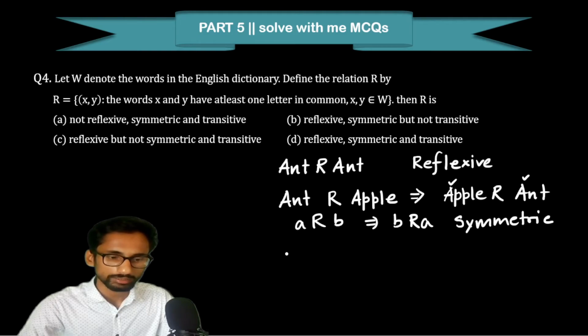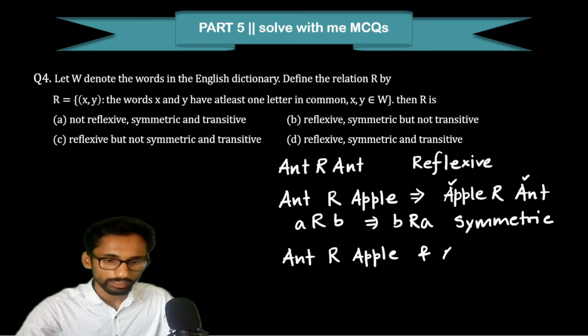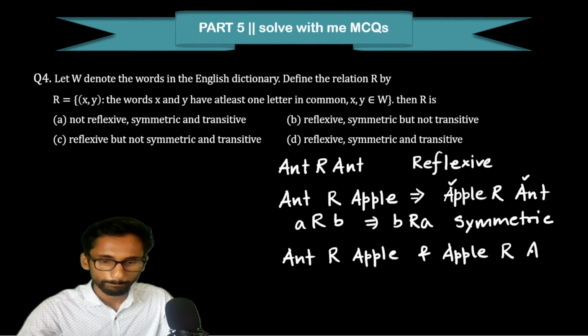Now in the third case, ant is related to apple and apple is related to X. Now in this case only one alphabet is common, and in this case two alphabets are common.